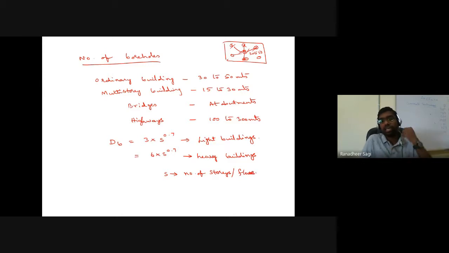So if I am required to design a building of 10 floors, S will be substituted as 10, and accordingly you will approximately calculate what should be the depth of the borehole that you are supposed to make in that particular site.